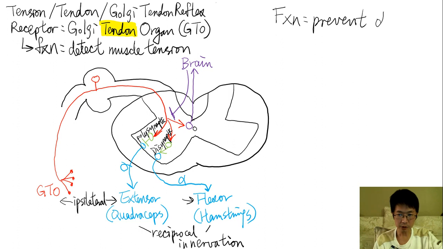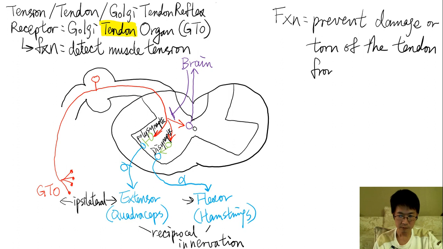Torn is like the extreme case, but at least it prevents damage or tearing of the tendon from overly strong muscle contraction.